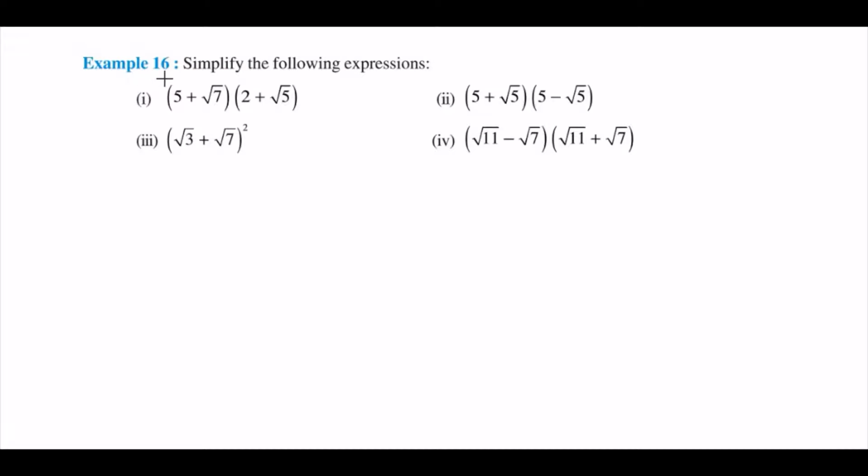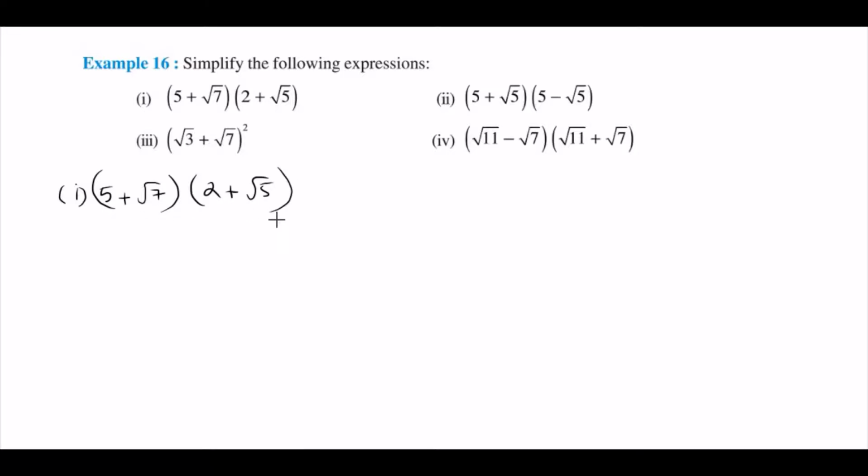I have taken example 16 from the NCERT textbook. Simplify the following expressions. We learned that identities are equivalent expressions. That is, you can use identities and write an equivalent expression for these examples. In the first question, it is given 5 plus root 7 into 2 plus root 5.